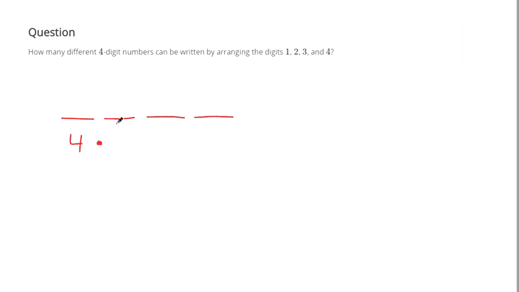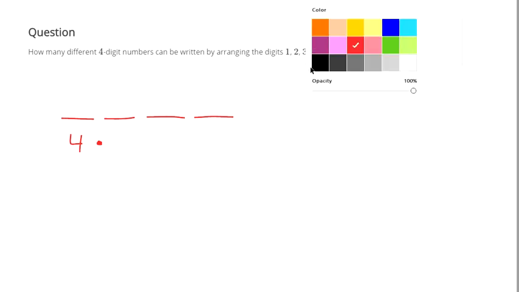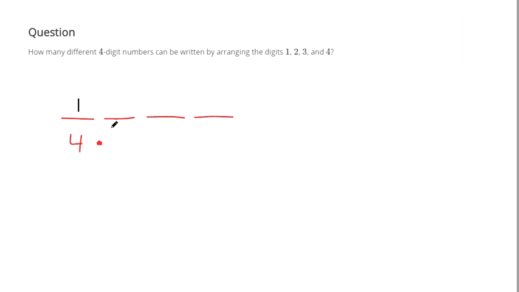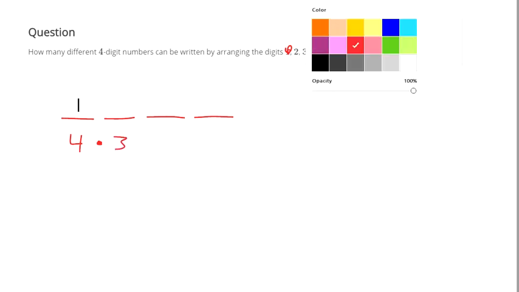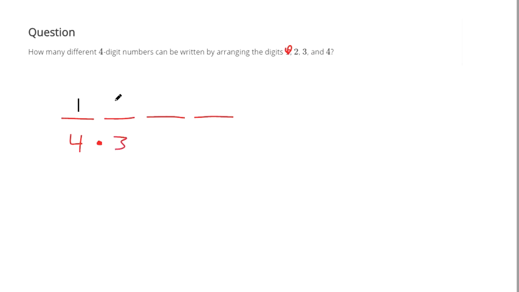And given that we've already picked this first digit, let's say we chose randomly and the first digit was a 1. Now, how many different ways can you pick this next digit? The 1's gone, right? Because we're arranging these digits. So the 1 is already used up. There's 3 different ways of picking this next one. Let's say we picked randomly and we got a 4 here, okay? The black numbers can be replaced because there's a lot of different other combinations.